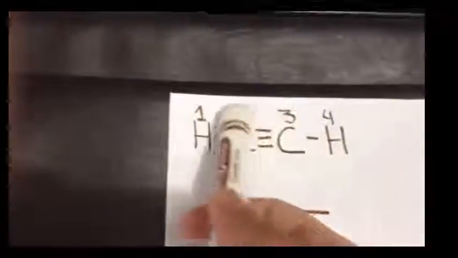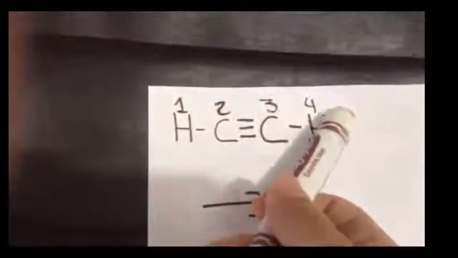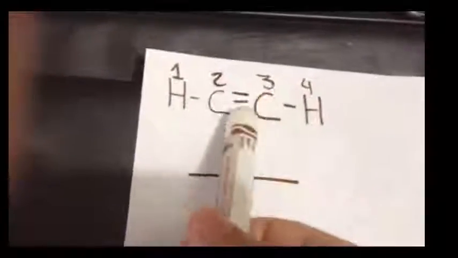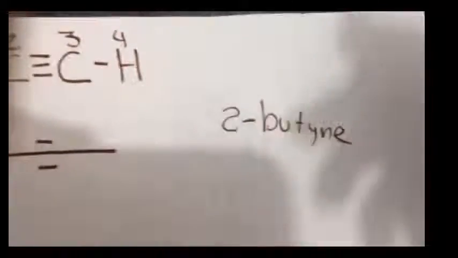For example, 1, 2, 3, and 4, starting from the side where the triple bond is. In this case, it is 4, so it is the same. So the carbon atom is in the number 2. So we write 2-butyne, and this is the name of this alkyne.